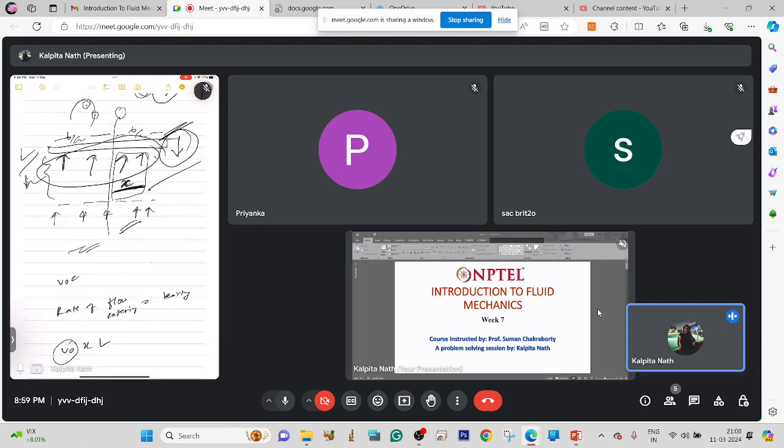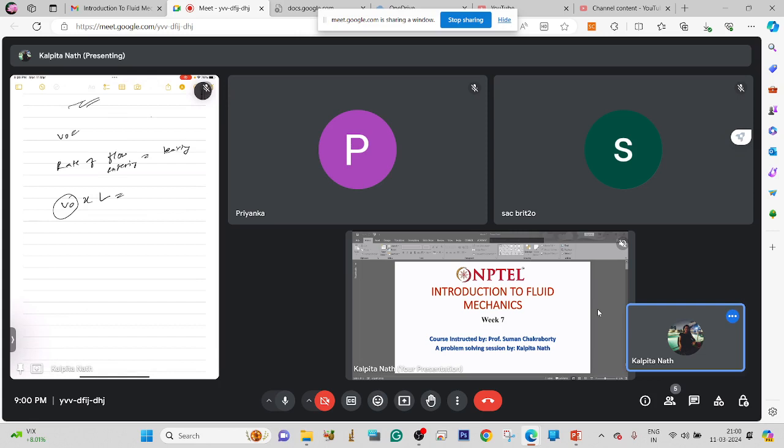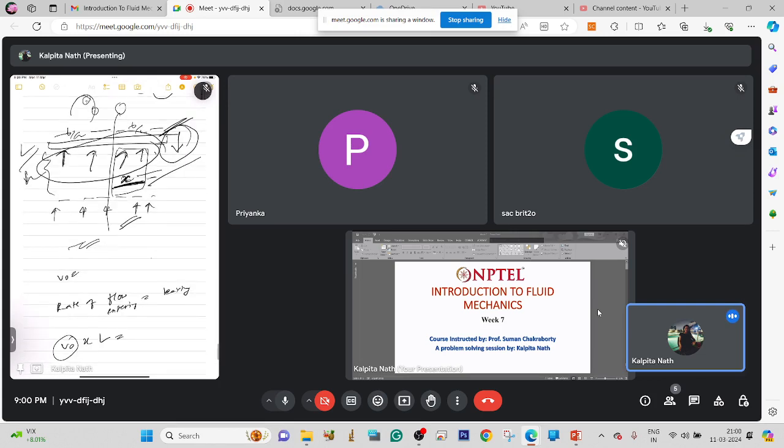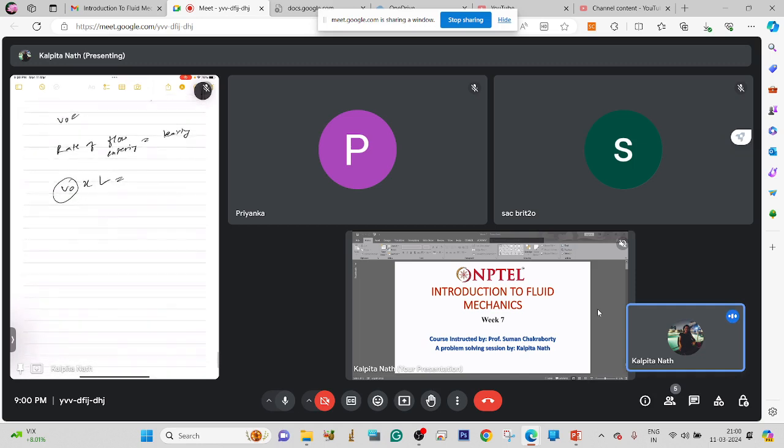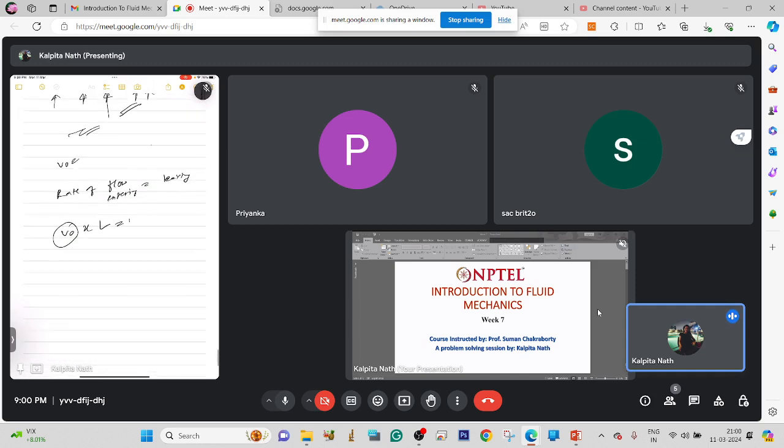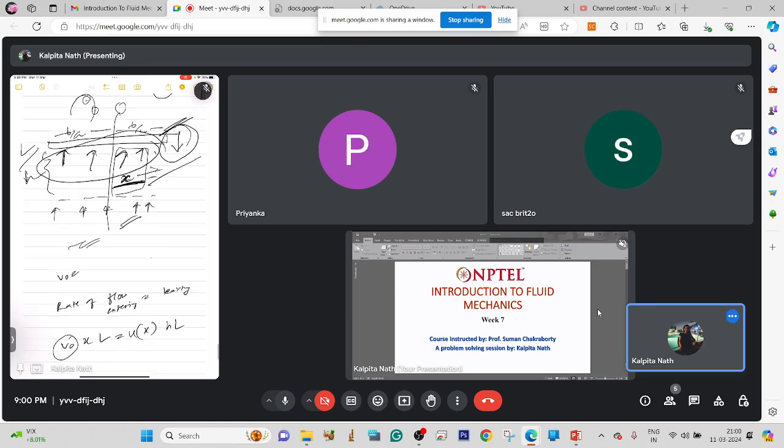We are considering the change of velocity along the X direction, so that is u(x). The velocity leaving the system we do not know, so it will be u(x) multiplied by h L. H is this height.